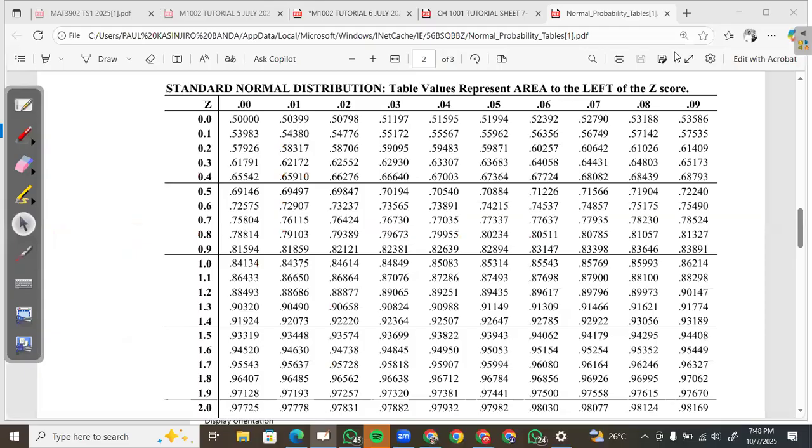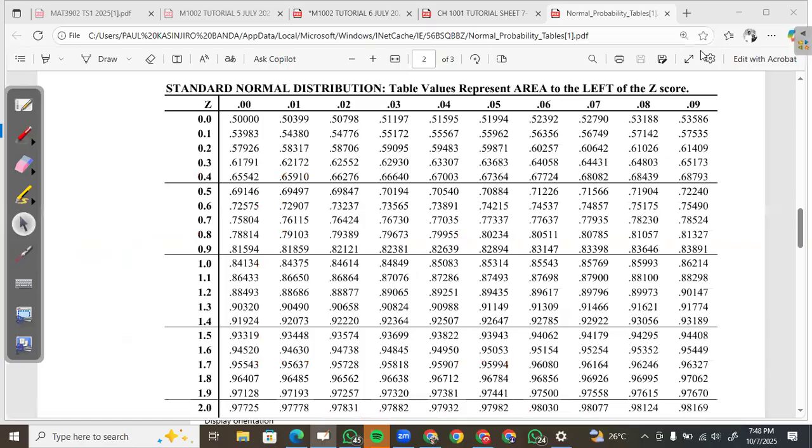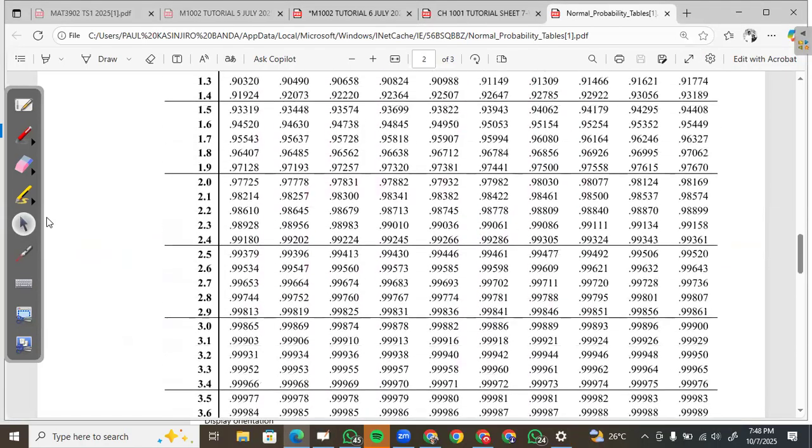So when we go here, what was it now? 2.3 and then 4. So 2.3 is somewhere here. That is my 2.3. And then on the rows, I'm looking for 0.04.